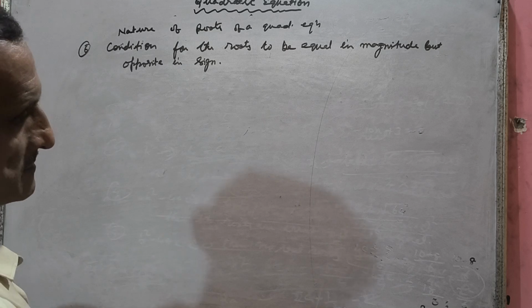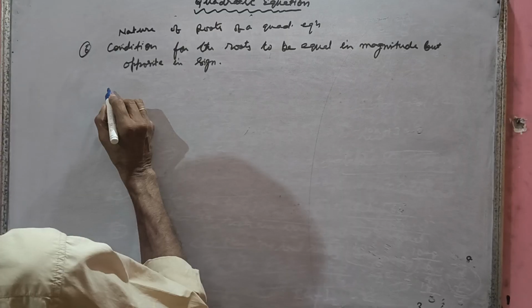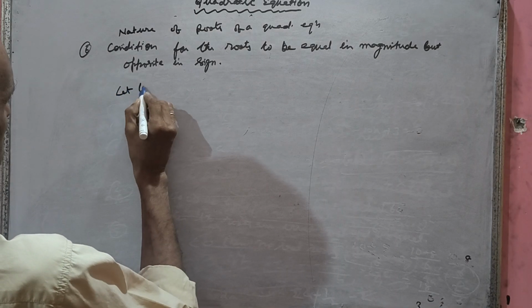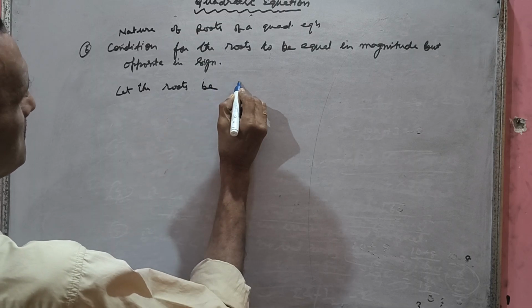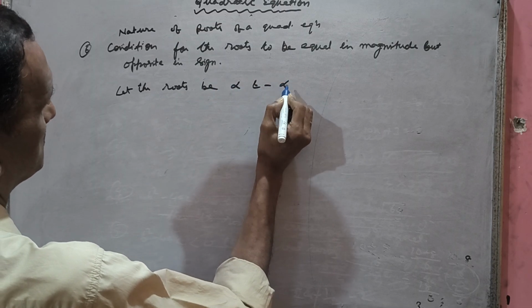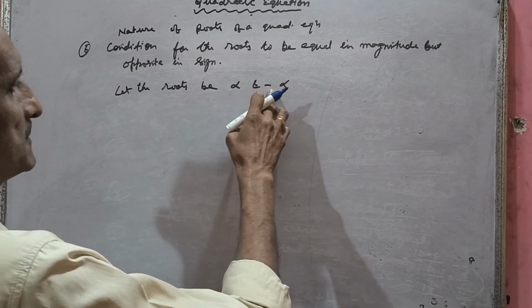I am not saying the condition directly, try to discover. So right now, let the roots be alpha and minus alpha. Should be equal in magnitude but signs are different.